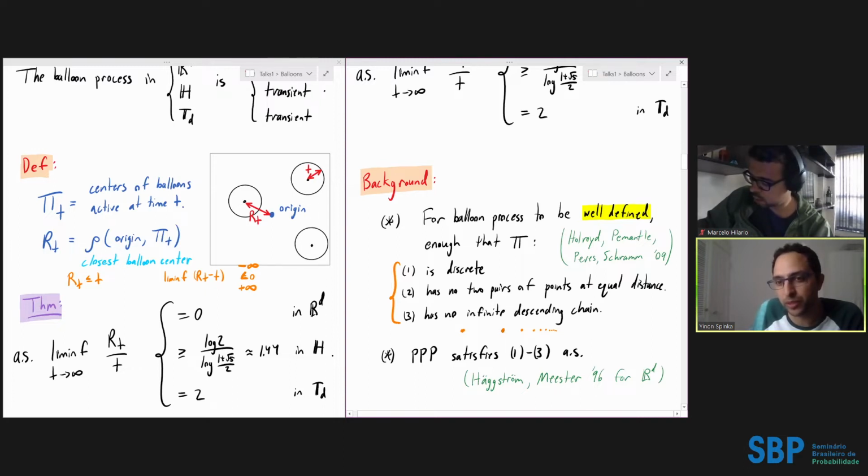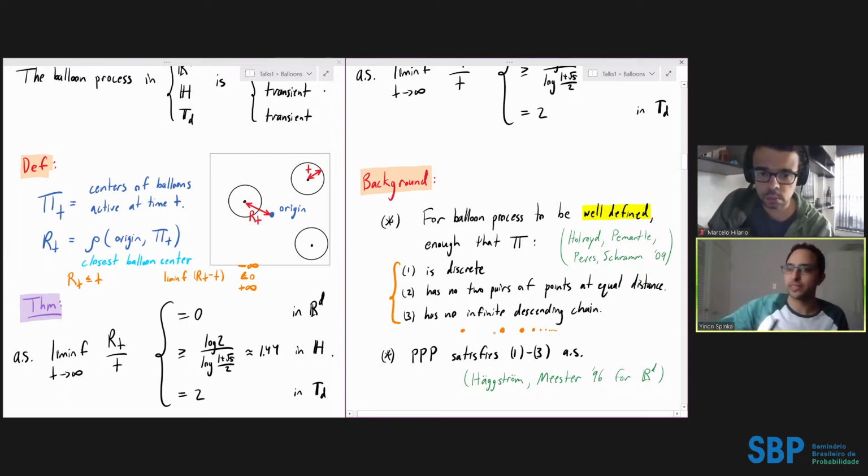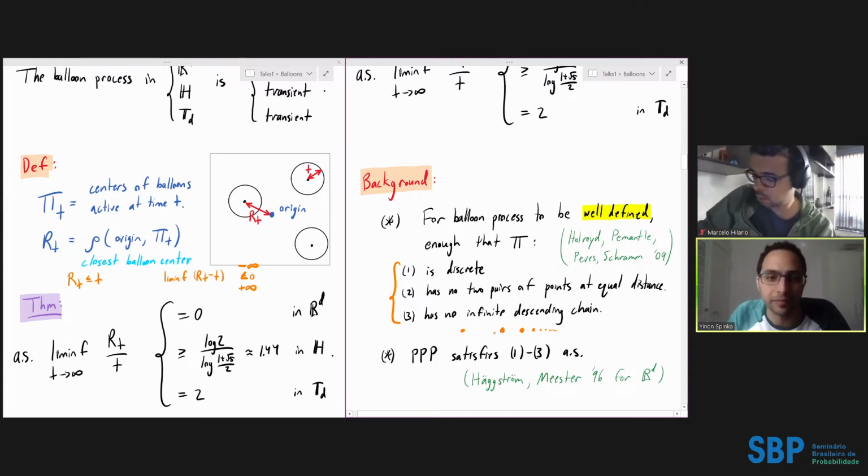Well, it depends whether this balloon popped with this balloon first or not. And in order to answer that, you have to know whether this balloon previously popped with this balloon and so forth. And you're going to get into an infinite recursion, which you're not going to get out of, and it might not be well defined. But under these 3 assumptions, deterministically, any deterministic set of points which satisfies these three assumptions, the process is going to be well defined.